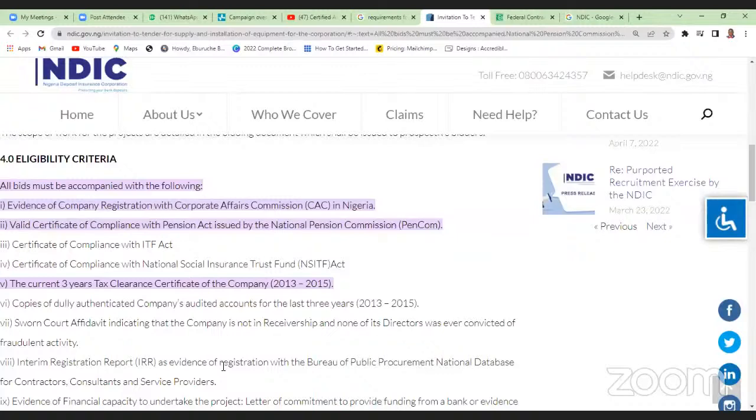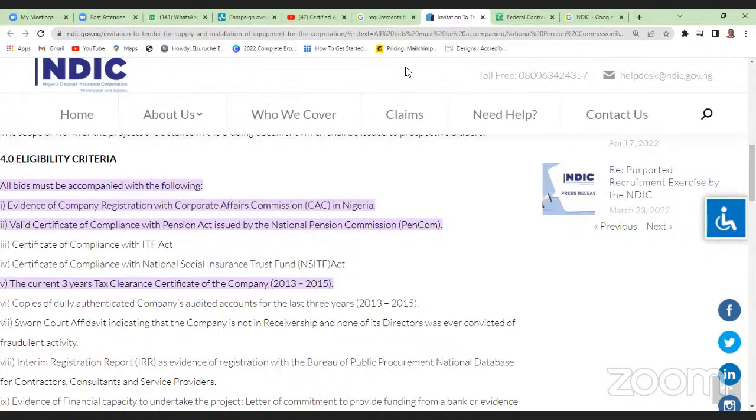Now, before we got to that point, it took us a whole lot of cost, a whole lot of time, a whole lot of waiting. There are some institutions you will go to, they will tell you that you have to be at least 3 years old before you come apply. Some will tell you that you need to have at least 5 years. Some will say you need to have four people in your team with PhDs.